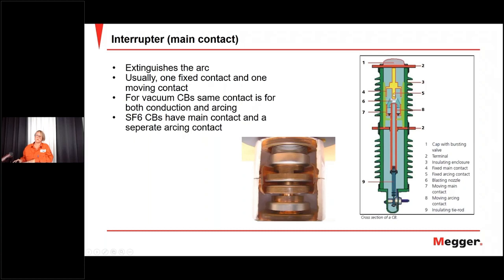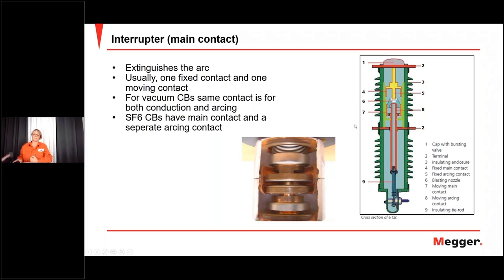This part is fixed and this is normally moving, and here is the arcing contact, and this side over here outside on both sides, all the way around actually, is the main contact. So when it's in position, it goes all the way up to the bottom here, or up to the top, you could say, right?